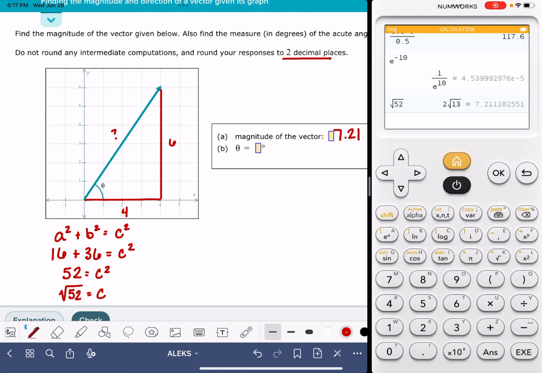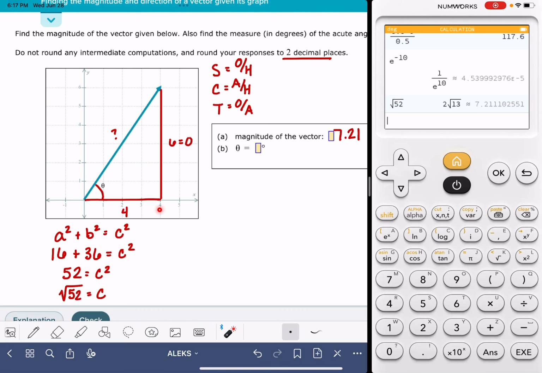To do that, we're going to be using our trigonometric relationships, sine, cosine, and tangent. Just as a reminder, SOHCAHTOA is the trick that we use to help us remember the relationship between sine, cosine, tangent, and the side lengths of a triangle. For our angle theta, the opposite side of theta is the side that has a length of 6.